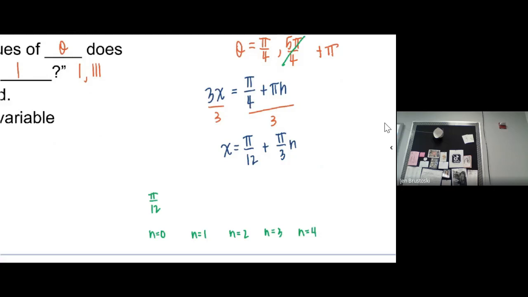Okay, then what about pi over 12 plus pi over 3 times 1? You can rewrite this as pi over 12 plus 4 pi over 12. So if I add 4 pi over 12, what am I getting?